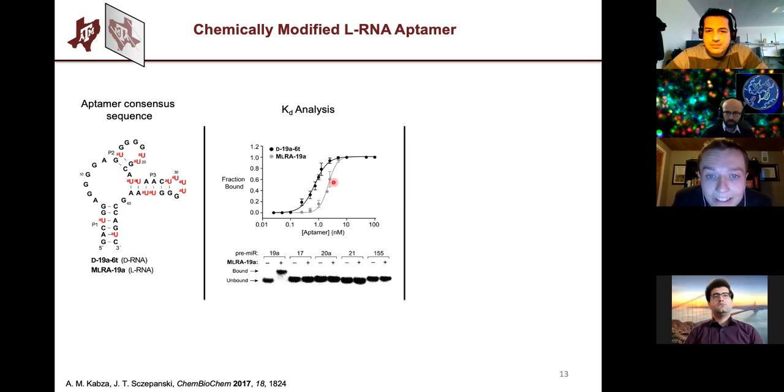I'm so sorry, I can't see on the screen. I think it was 5 nanomolar KD for the L aptamer and about 900 picomolar, or 0.9 nanomolar, for the D aptamer KD. Now, theoretically, the binding affinity should be exactly identical.